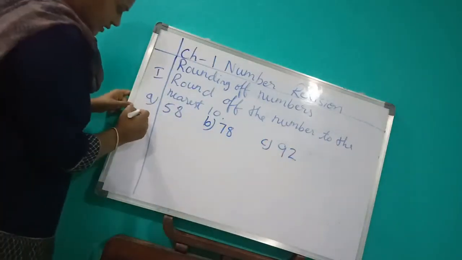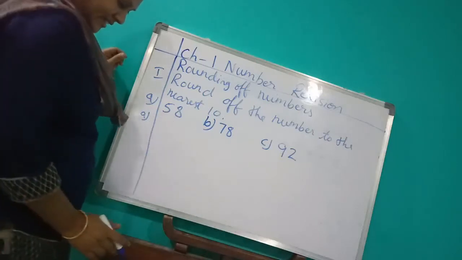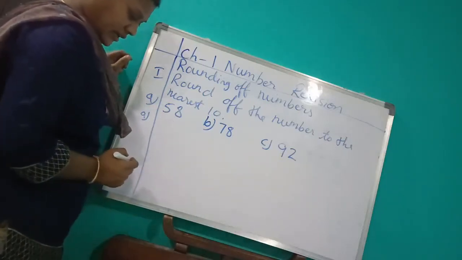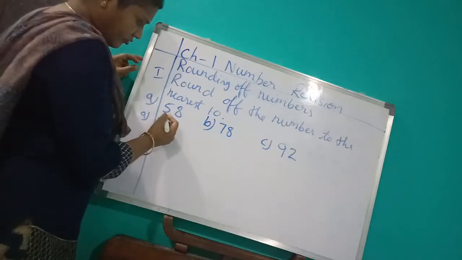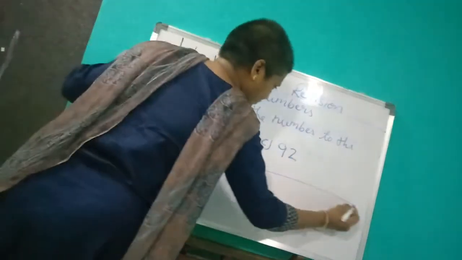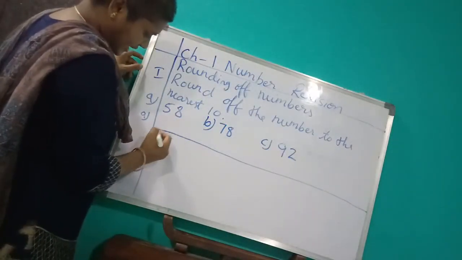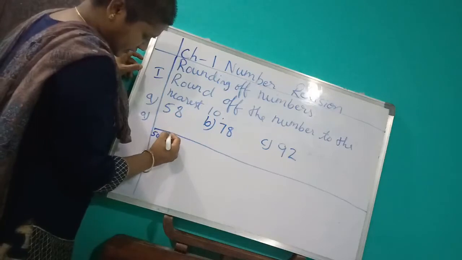See here, first one, A. What is this? 58. Yes, you should draw a number line showing 50 to 60. When you are drawing number line, what you have to do? Starting number is 50. Ending number is 60.